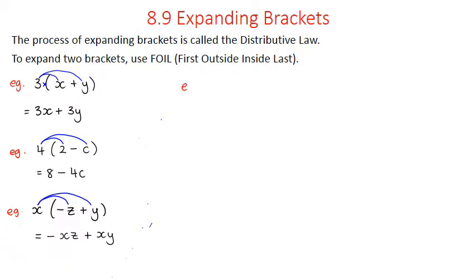Okay, now we're going to try foiling. So this is if you've got (3 plus x) times (2 plus x). And what we're going to do is first, outside, inside, last. So you do the first terms, then you do the outside terms, then you do the inside terms, and then you do the last terms.